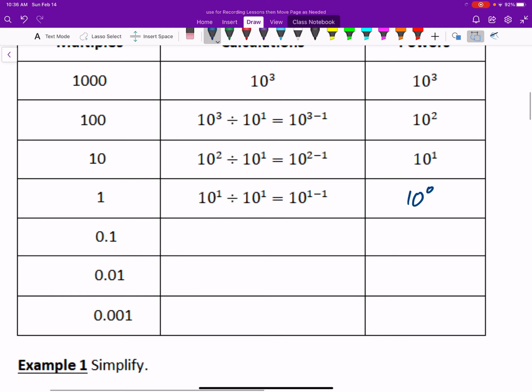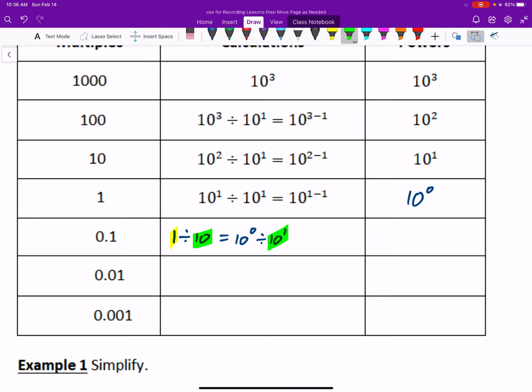Well, what about 0.1? We can get 0.1 by taking the number 1, which could be written as 10 to the 0, and dividing it by 10. Let's write this out rather than just as powers. So we know that 1 divided by 10 equals 0.1. I could rewrite 1 as 10 to the 0, as we just saw, and I could rewrite 10 as 10 to the 1.